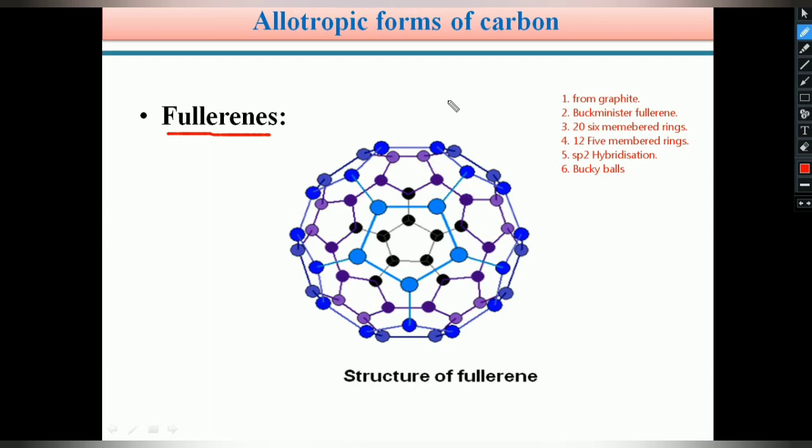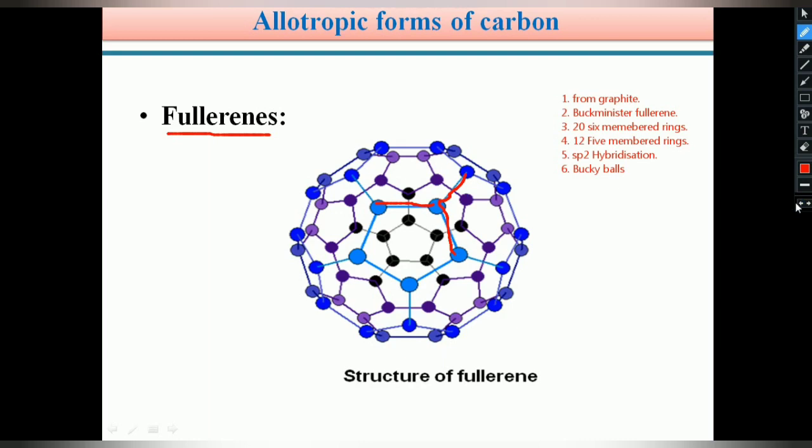For example, C60 carbon atoms are condensed to form a fullerene. Students, in fullerenes, each carbon is attached to 3 other carbon atoms. This is 1, 2, and 3. In this manner, each carbon is attached to 3 other carbon atoms.